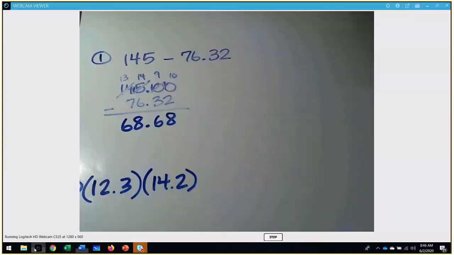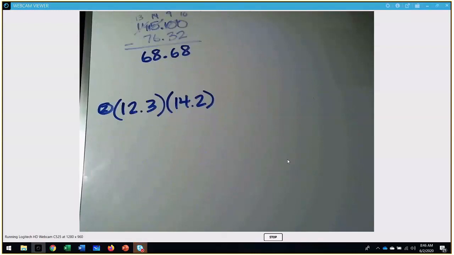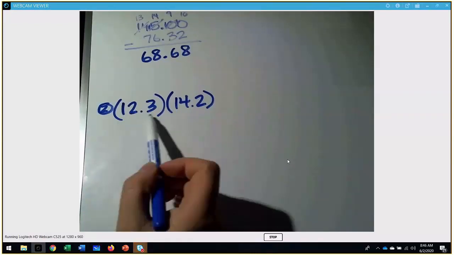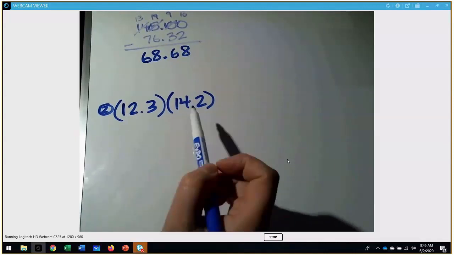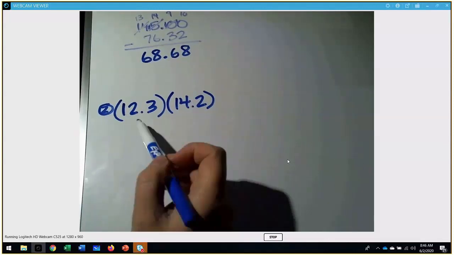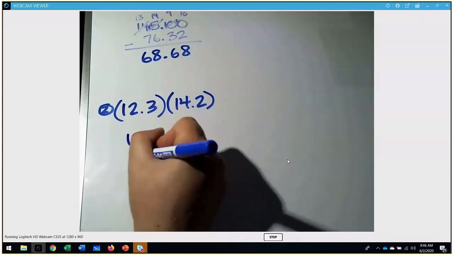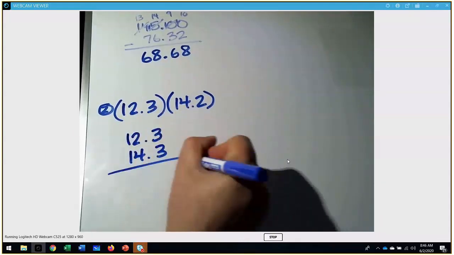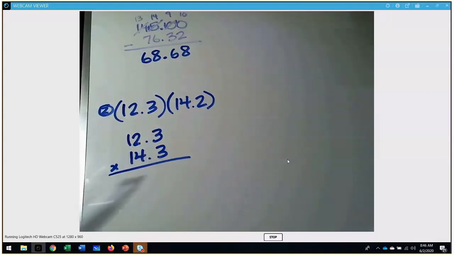So, with no operation between this and parentheses around both of them, you're multiplying. So we're going to line this up. The decimal points do not actually have to line up here. You just want to stack them up.